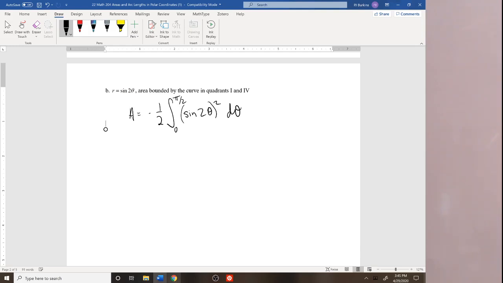Now in our case it says bounded in quadrant 1 and 4, so we need again to do 2 times what we've done so that we can get both of those. So that would cancel with that right off the bat.